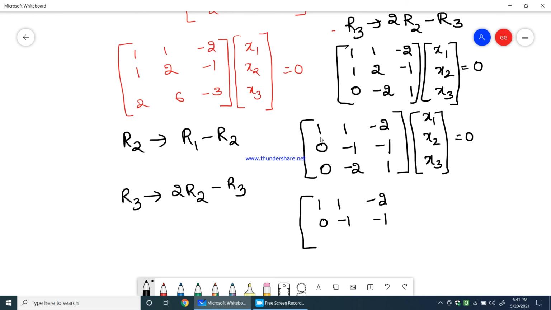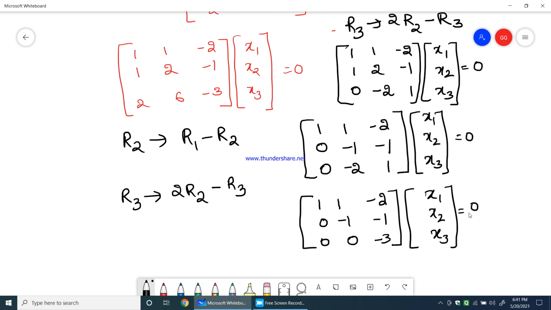Then 0 into 2 is 0 minus 0, so 0. Minus 1 into 2 is minus 2, minus 2 plus 2, so it is 0. 2 into minus 1 is minus 2, minus 1 which is minus 3, multiplied by x1, x2, x3 equals 0.